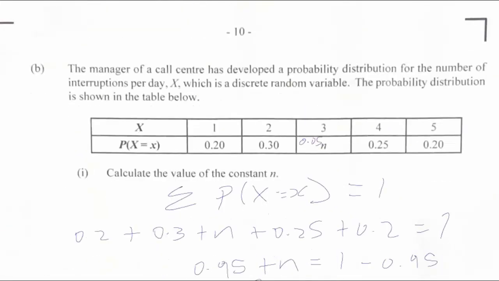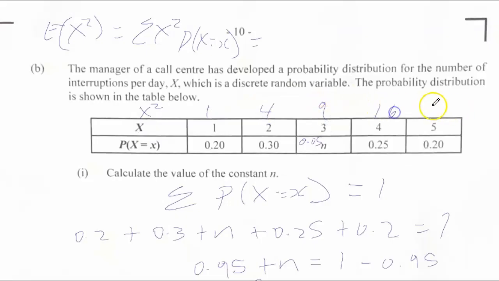E of X squared is equal to the sum of X squared times the probabilities. Now this is X, so X squared, we just square the X values. So X squared will be 1 squared 1, 2 squared 4, 3 squared 9, 16, 5 squared 25. Alright, so to get E of X squared, multiply all the X squared values by the probabilities.